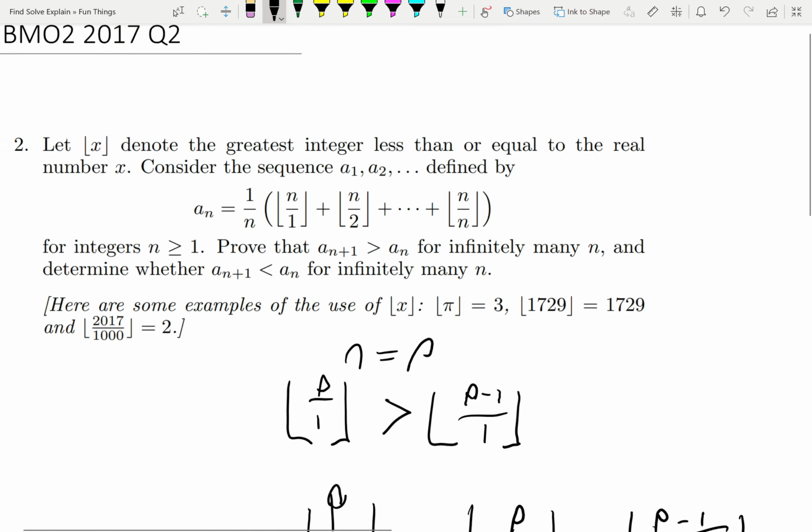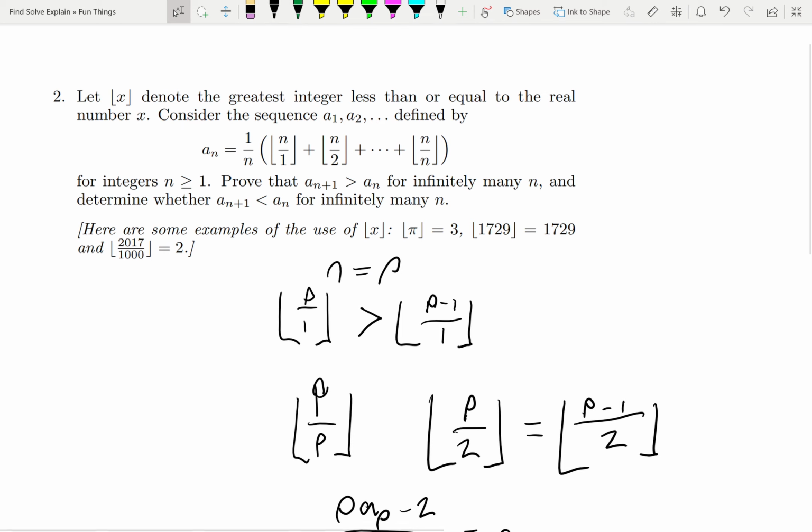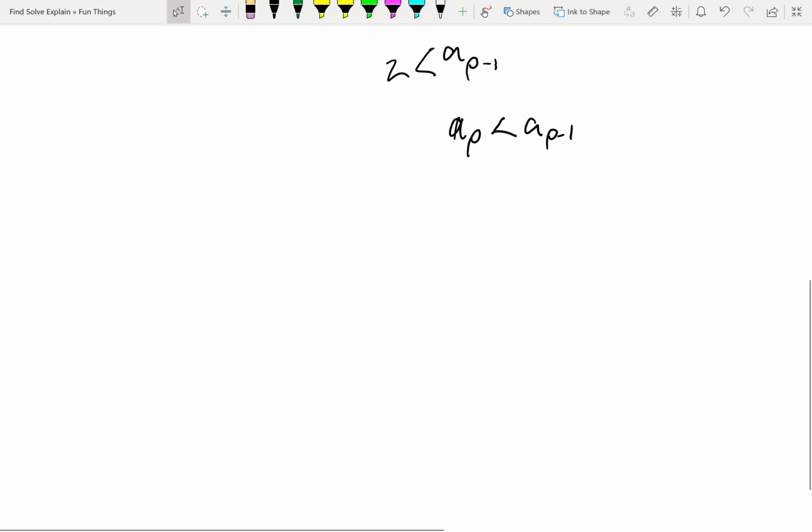Thankfully, there's an easy proof for the fact that this sequence eventually gets larger than 2. And that's just considering the first, I don't know, let's say four terms, and the worst case possible.